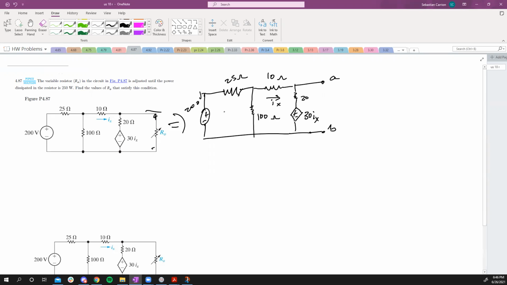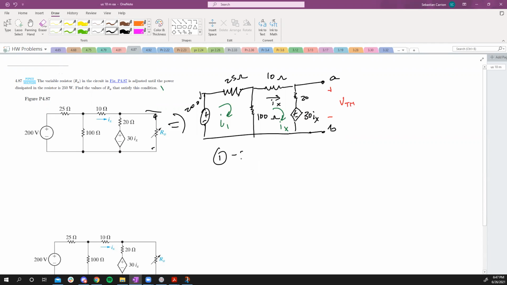Okay, so do the loops. So we have I1, IX, and we know that V Thevenin is the voltage drop across the 20 ohm resistor and the 30, the dependent source of voltage. So I go ahead and write the equations for this.